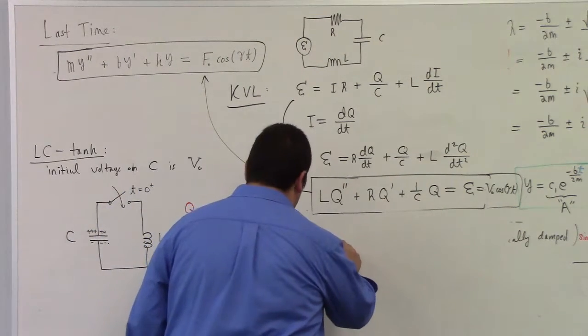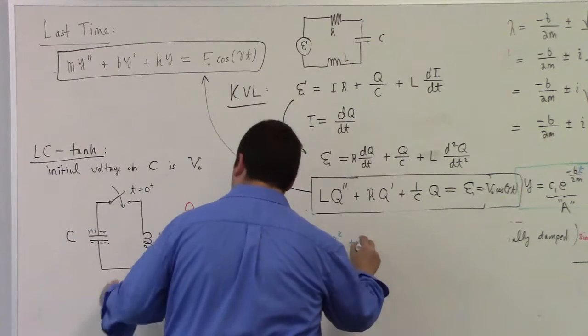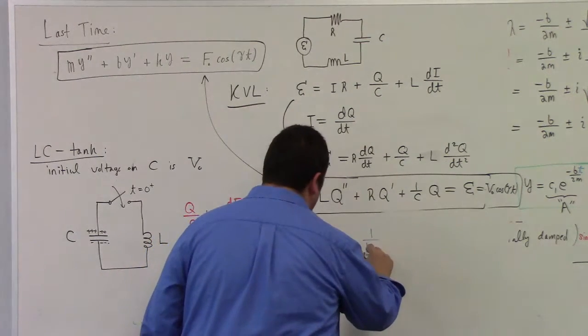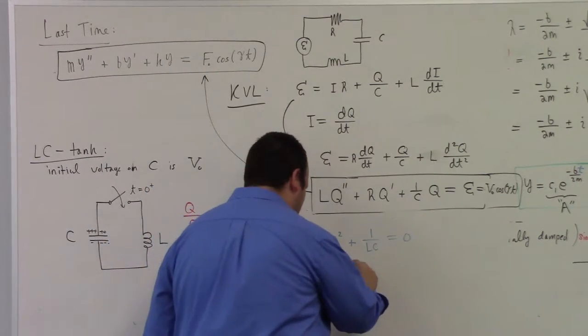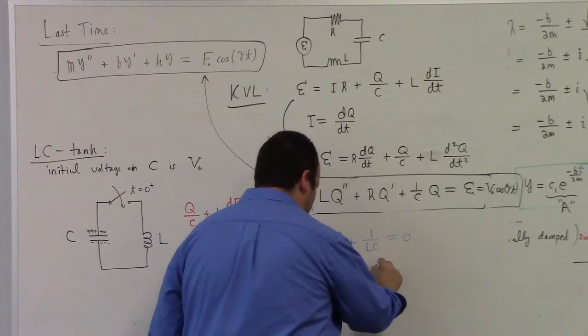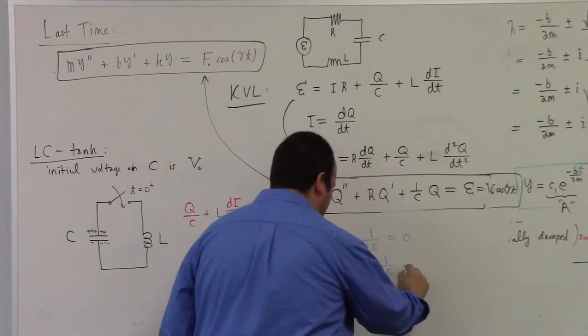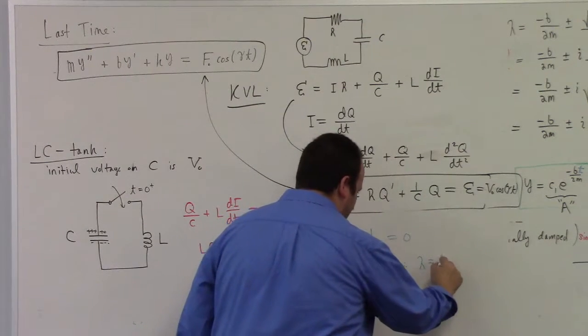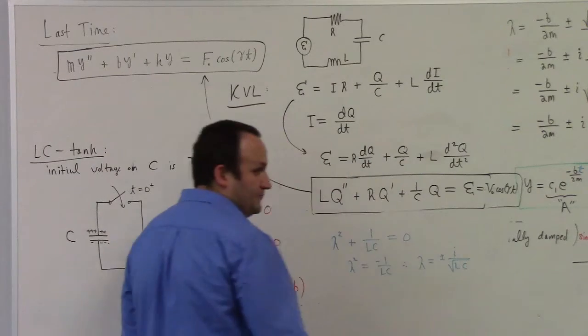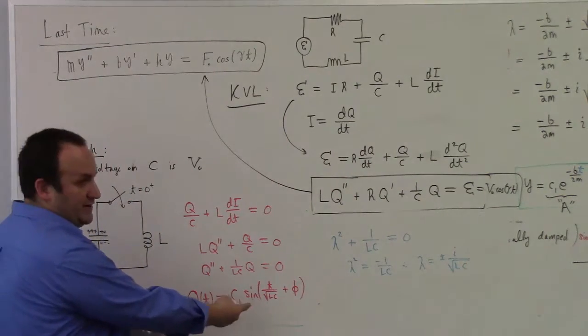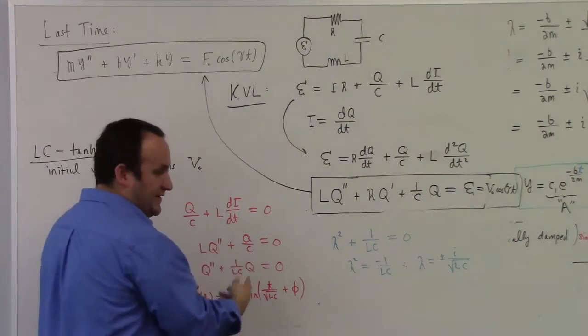So we've got lambda squared plus 1 over LC equals 0. Solve that, and we get lambda squared is equal to minus 1 over LC. So therefore lambda is plus or minus i divided by the square root of LC. And that's why I wrote this solution here. It's just a pure sine cosine solution.